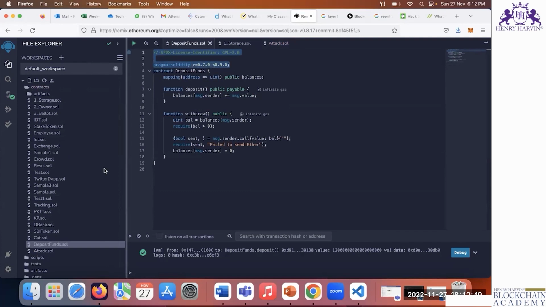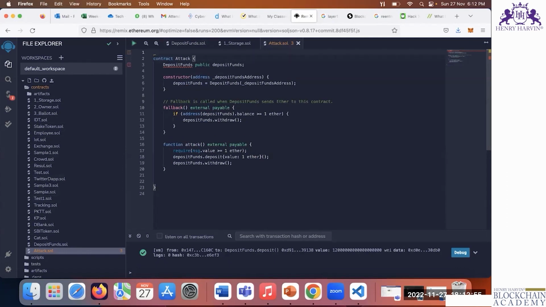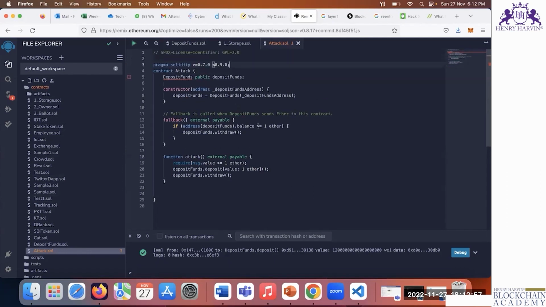Okay, the attacker is writing a new smart contract, something like this.